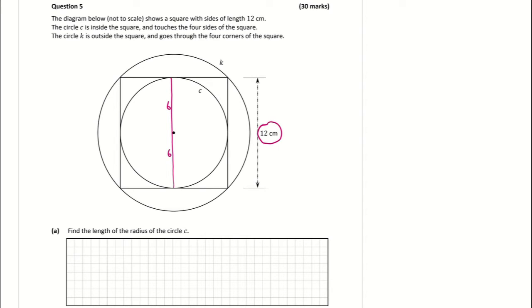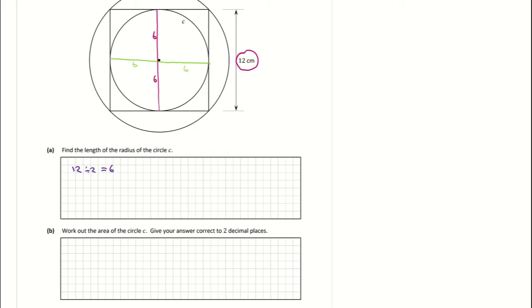If we were to go the other way, I would also have a 6 and a 6 here. Now what it's asking us to do is get the radius of circle C. So you can use any one of those variations to get your answer of 6. Basically it's just 12 divided by 2, which is 6.